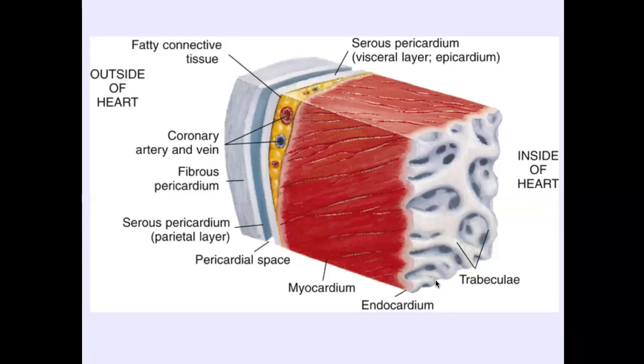It's going to line the heart itself, the myocardium. It's going to line the valves. Okay, so everything on the inside has endocardium on it. The inflammation of this lining of the heart is called endocarditis, and it is an infection, sometimes caused by bacteria.